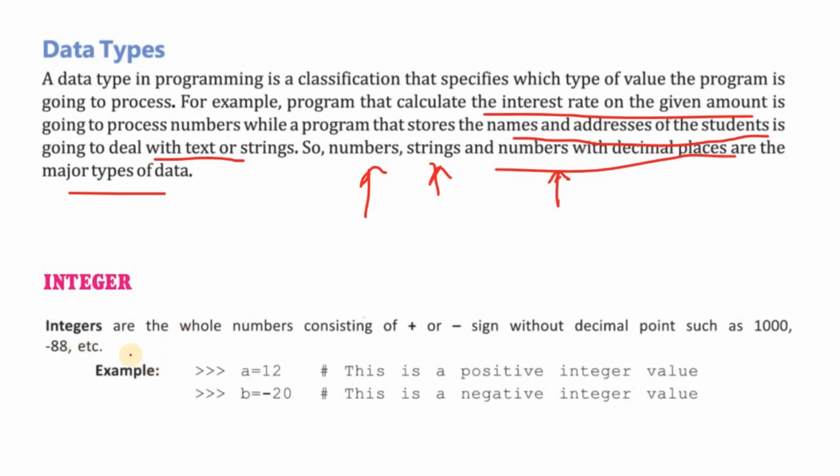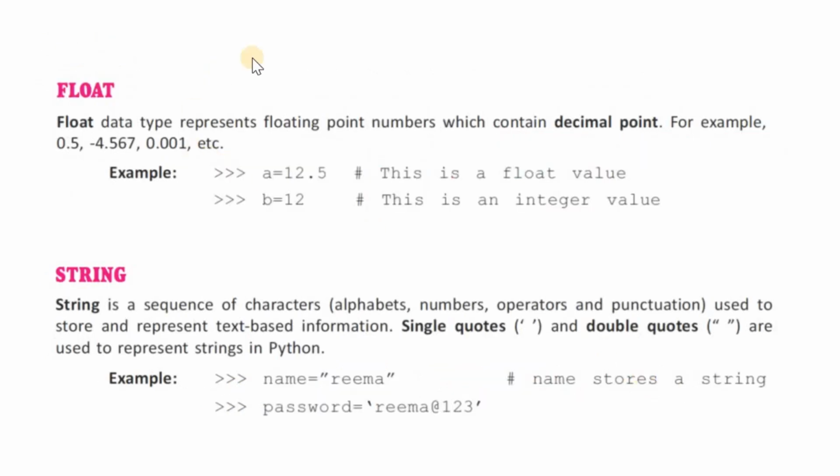First is integers, which are whole numbers consisting of a plus or minus sign without the decimal point, like 1000, -88 and so on. For example, a equal to 12. Comment: this is a positive integer value. Next, float. Floats represent point numbers, that means these numbers will have a decimal point in them.